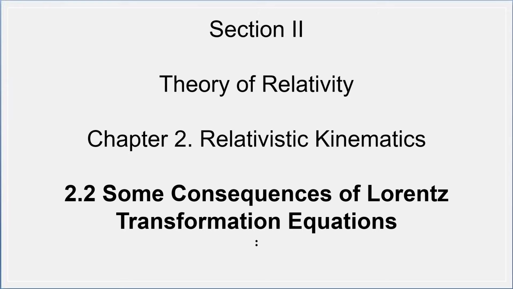In this chapter you will study the consequences of the Lorentz transformation equations used by Einstein in the special theory of relativity. In this chapter we will study two consequences. One is what is called contraction of the length.